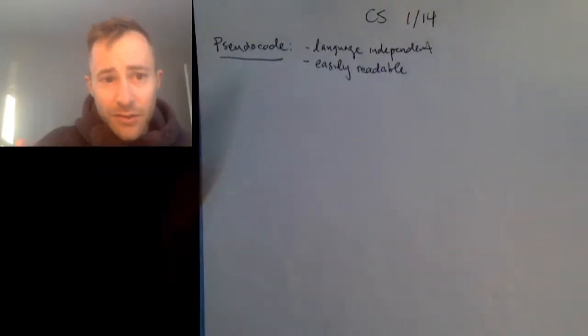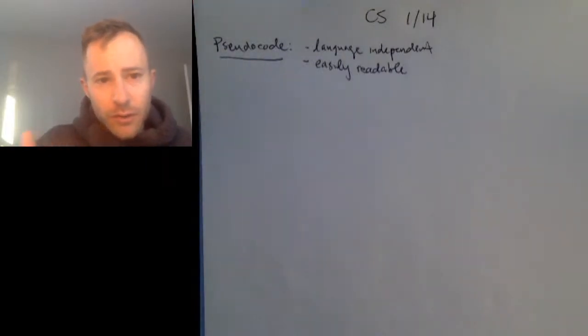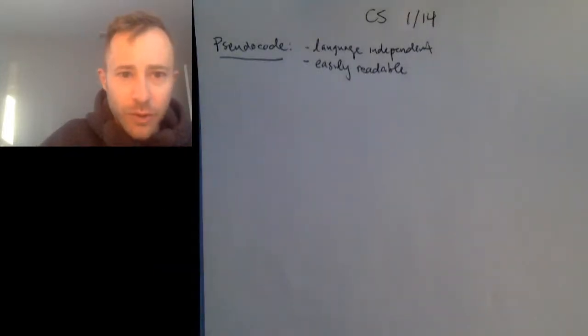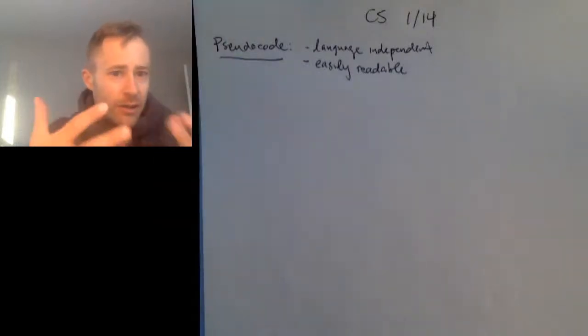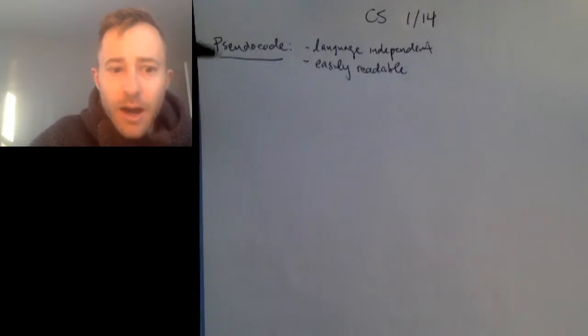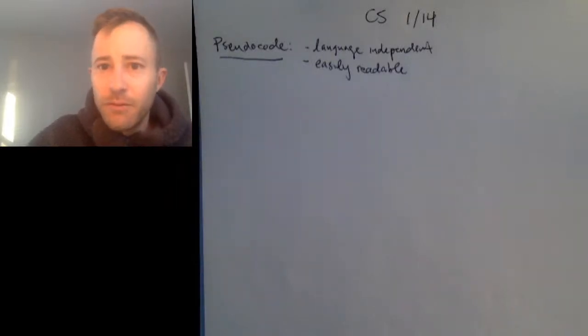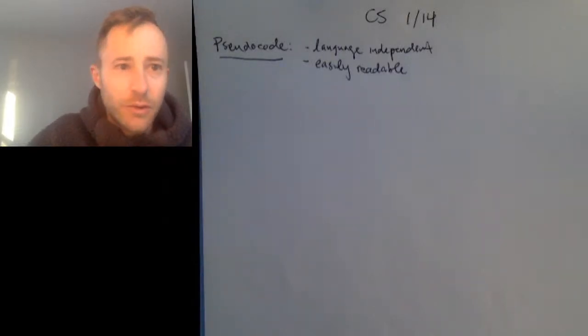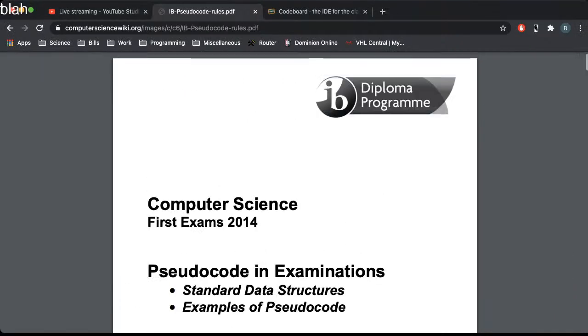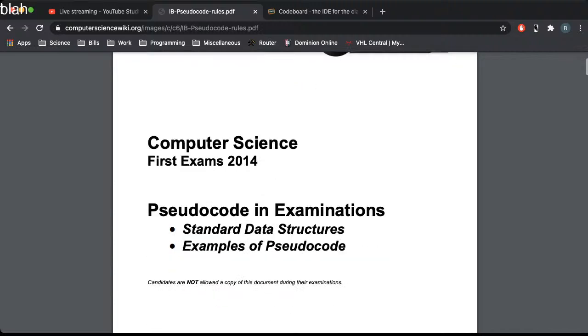That being said, this is IB Computer Science, so there aren't really any super strict rules for pseudocode because you're just kind of trying to get your idea across. But IB has some conventions for pseudocode. So there's a document right here, pseudocode and examinations.